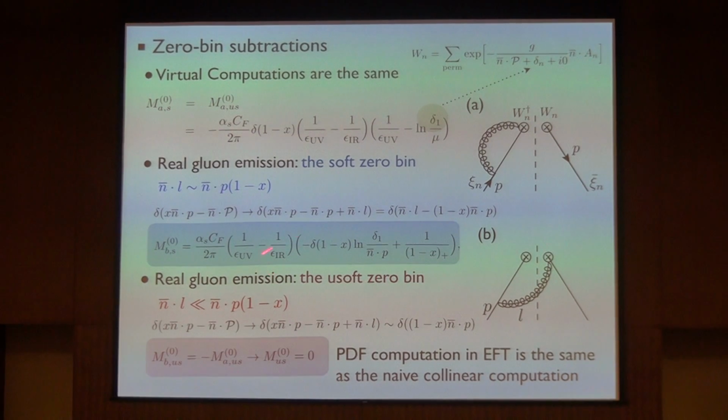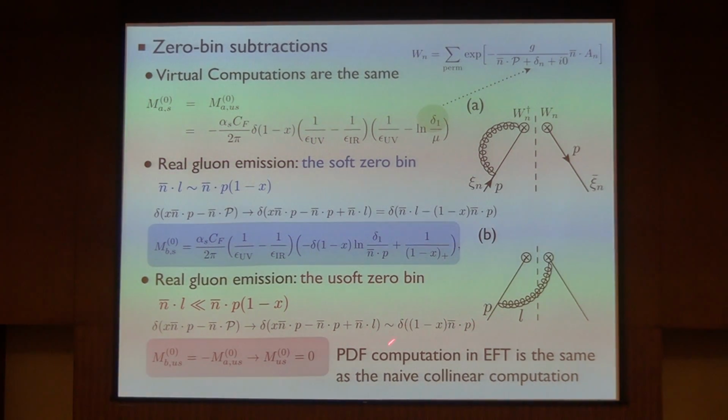In case of ultra soft subtractions, this collinear momentum can be considered to be much smaller than another p times 1 minus x. Right? So in this case, in the argument, this momentum can be safely ignored. So we have the scaleless region.